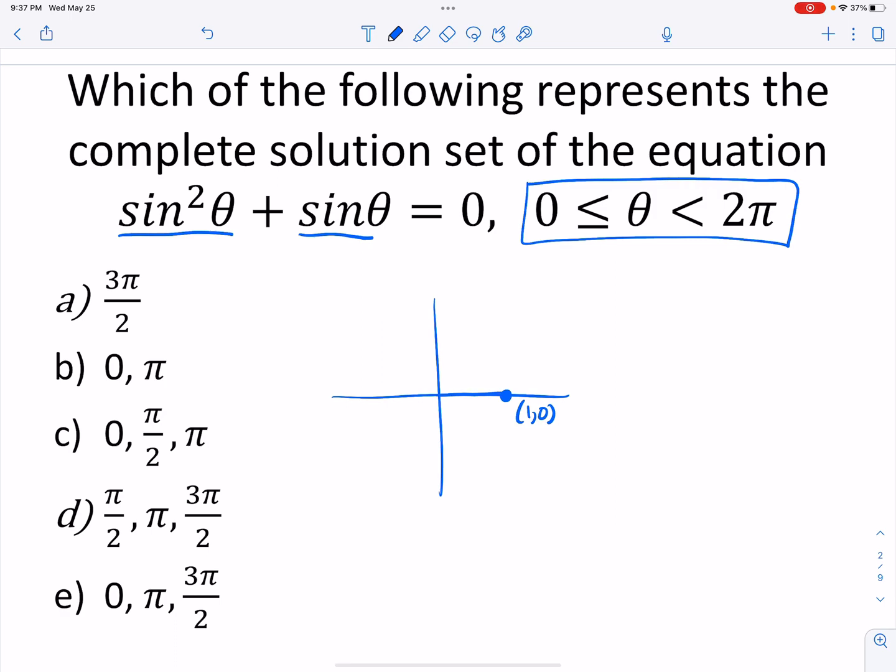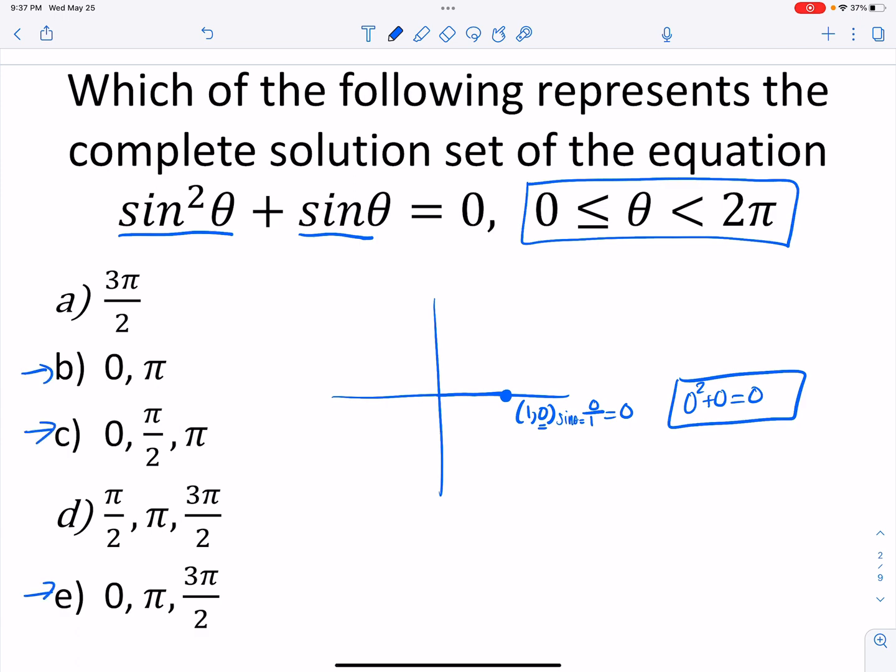So the sine is opposite, which is 0, over hypotenuse, so it's 0. So if I do 0 squared plus 0, doesn't that give me 0? So it looks like anything that had 0 degrees would be an answer.